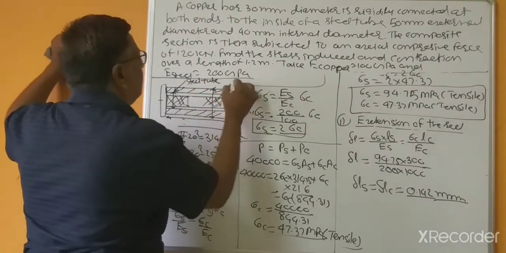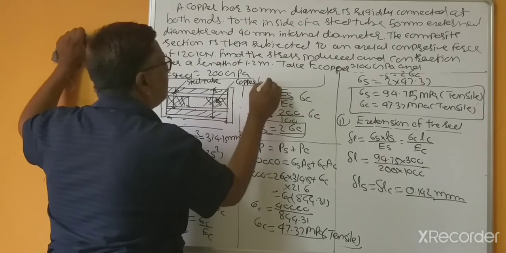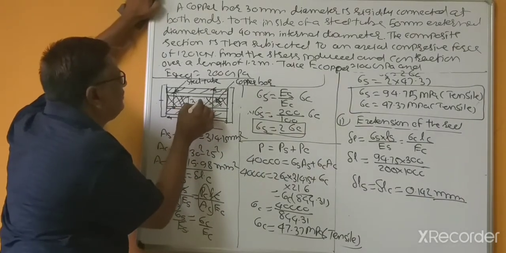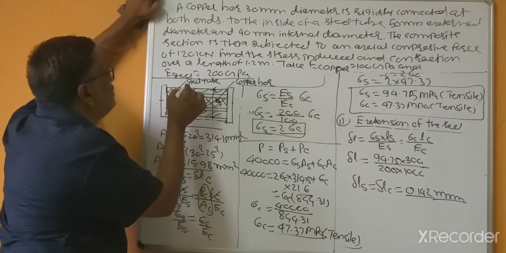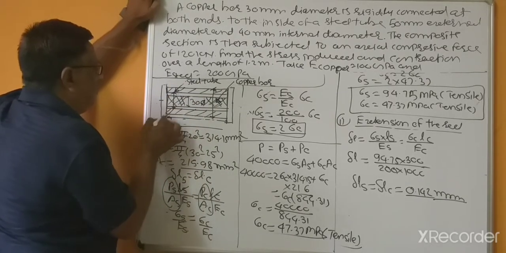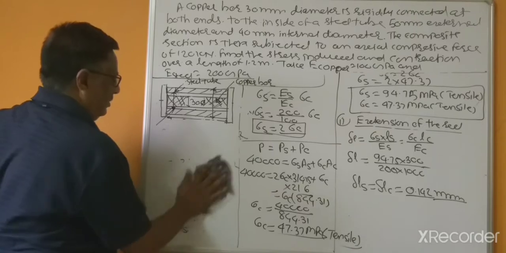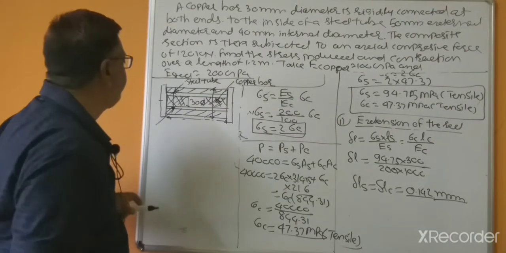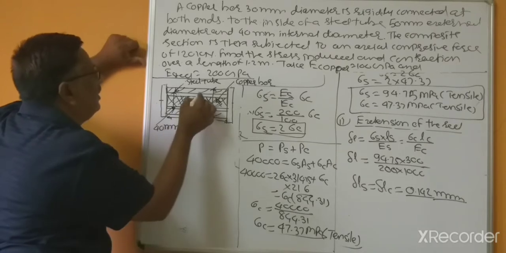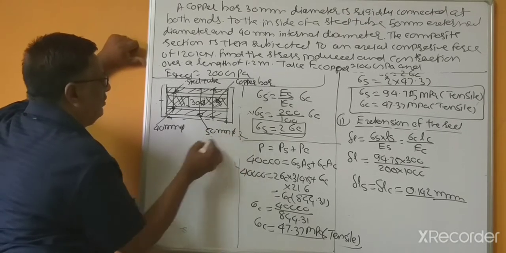The copper bar diameter is 30, the steel tube internal diameter is 40 mm and the external diameter is 50 mm.